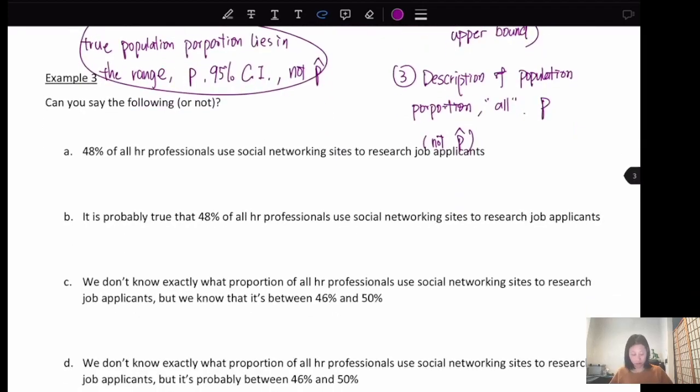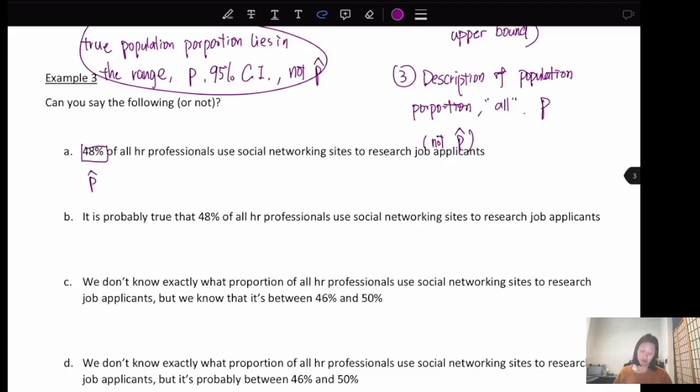Okay, so here's some exercises. A, let's say, is this a true or false statement: 48% of all HR professionals use social networking sites to research job applicants. So 48% is our p hat because we surveyed 2,500 people, not all of the professionals, right?